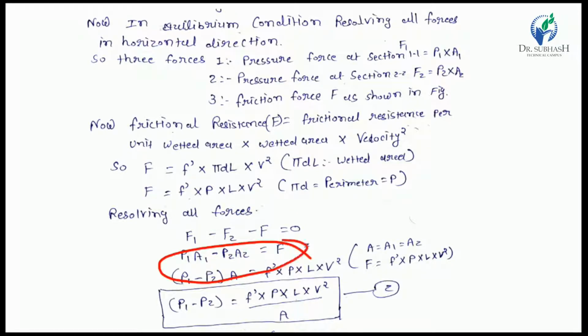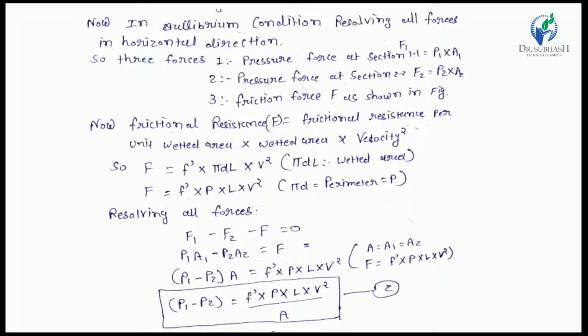So put the values in this equation: P1A1 minus P2A2 equals the friction force, F dash P L V square. Now the cross-section area of the pipe is constant throughout the pipe, so A1 equals A2 equals A.